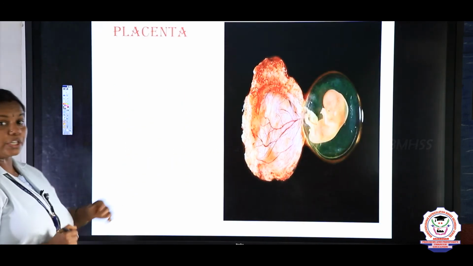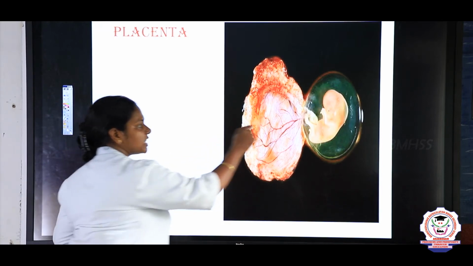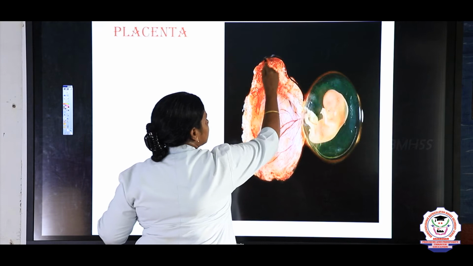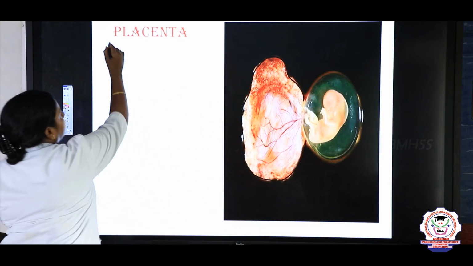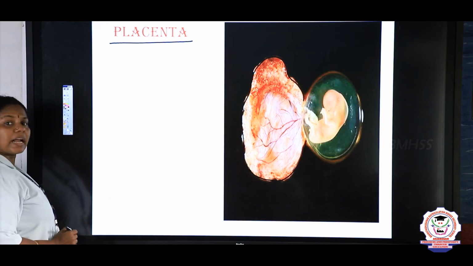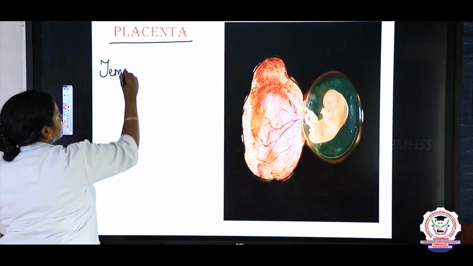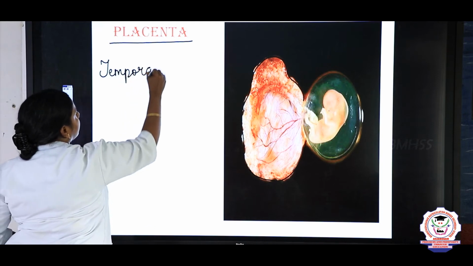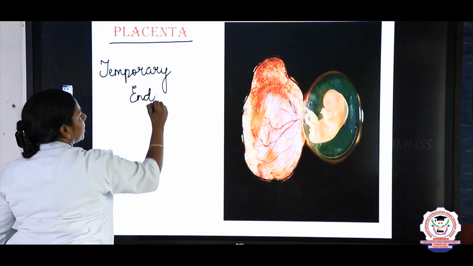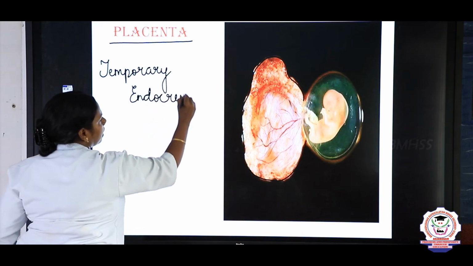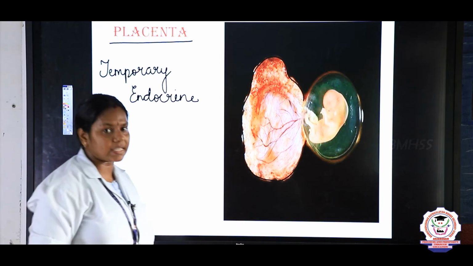And now we are going to see the placenta. Yes, look at this, children. This disc-shaped structure we call the placenta. So the placenta is a temporary endocrine organ. What is meant by endocrine, children? If an organ secretes a hormone, we call it endocrine.